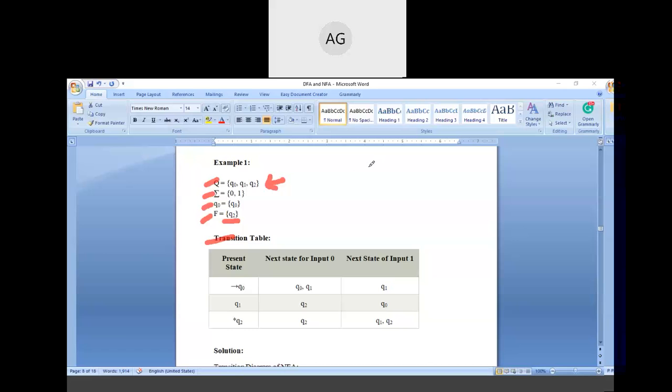We start with the initial state, which is Q naught. See in the transition table corresponding to Q naught: if the input is 0, then we can move to Q naught or Q1 because this is an NFA. So on input 0, we can move to Q naught itself, or we can move to the new state Q1.